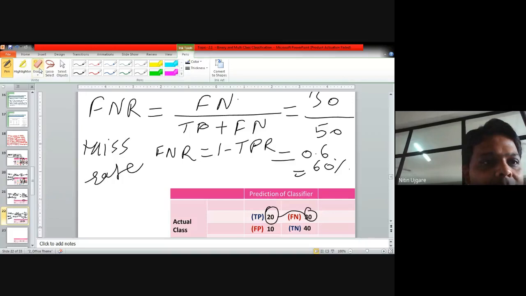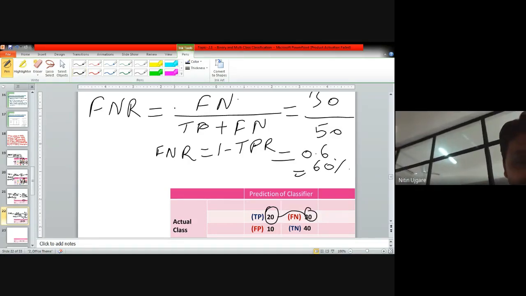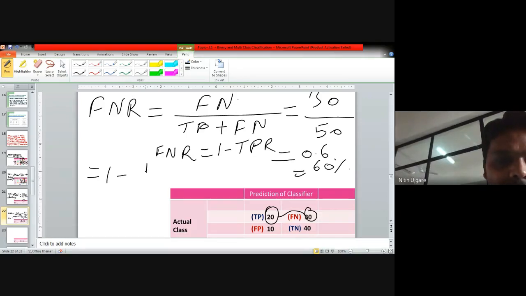So FNR is also represented as 1 minus TPR. Maybe in the question you will be asked to prove that the false negative rate is always equal to 1 minus the true positive rate. Let us prove this. We know the formula for the TPR: TP divided by FN plus TP.